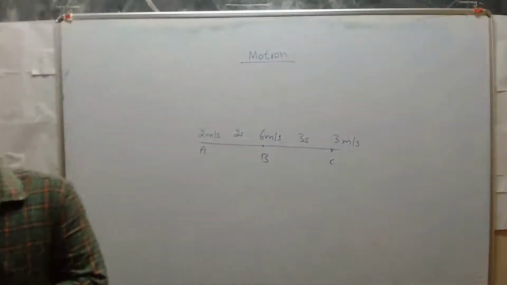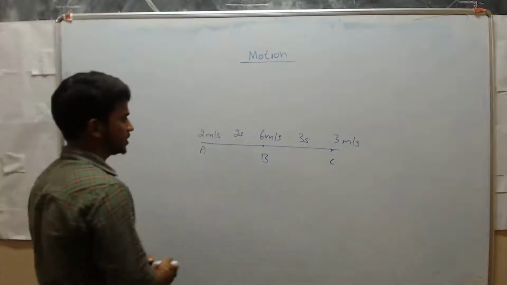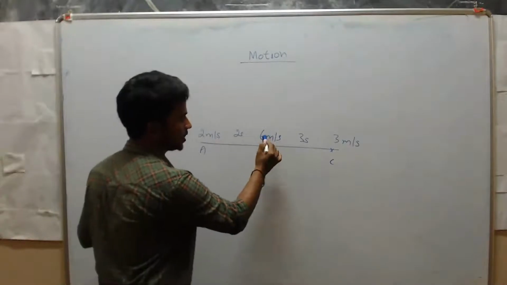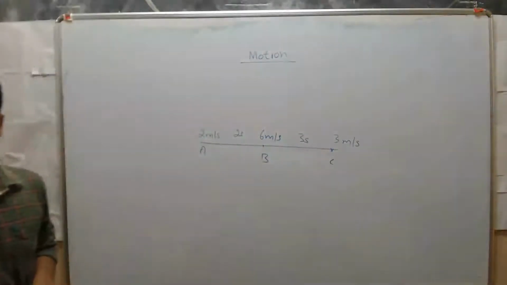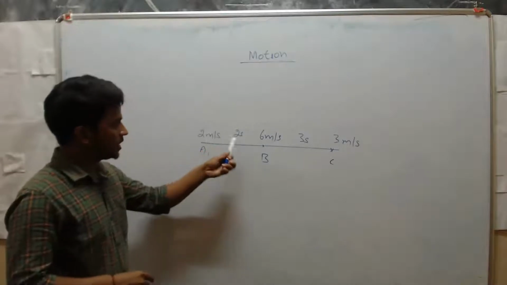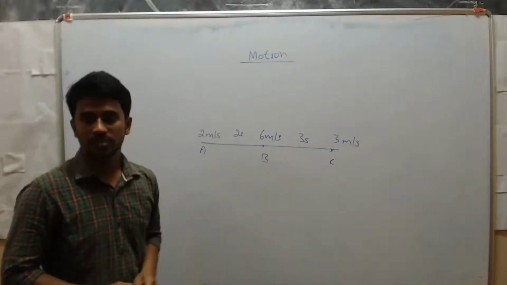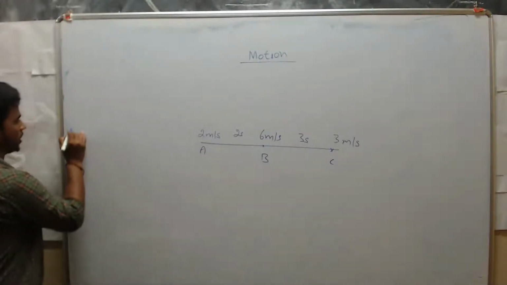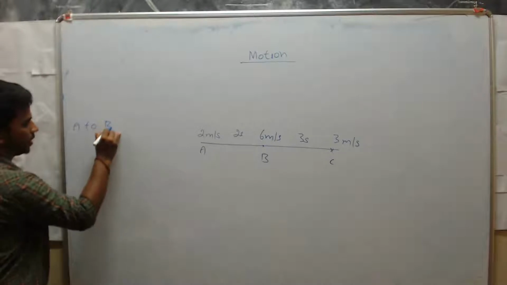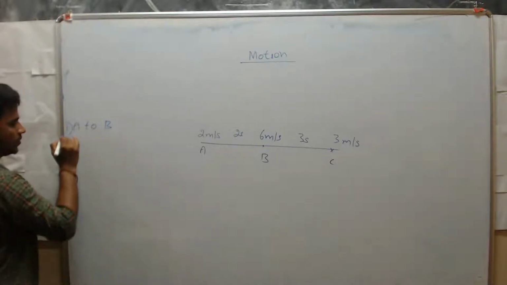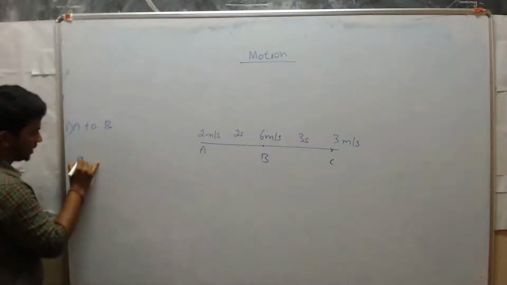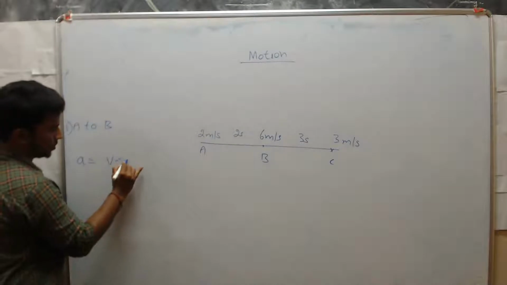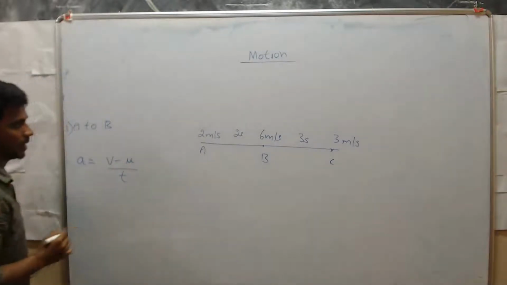Here velocity changed from 2 to 6, and here from 6 to 3. Velocity changed in 2 seconds here and in 3 seconds here. First, I will calculate the acceleration from A to B. Acceleration a equals v minus u divided by time taken.